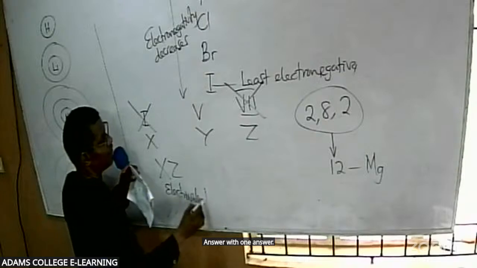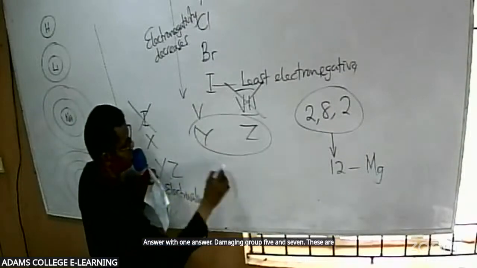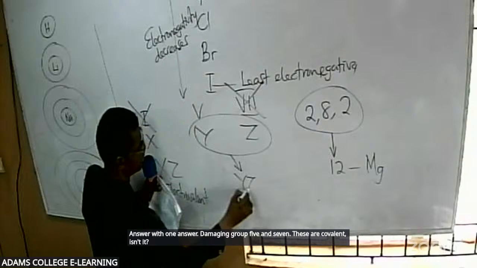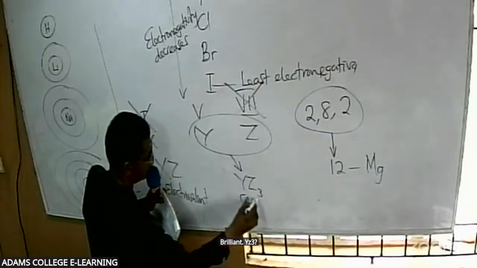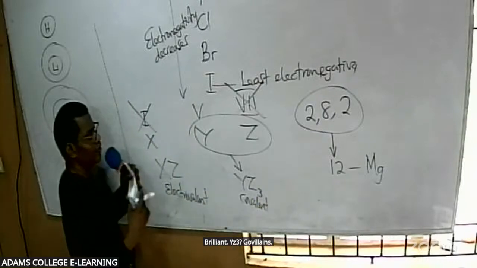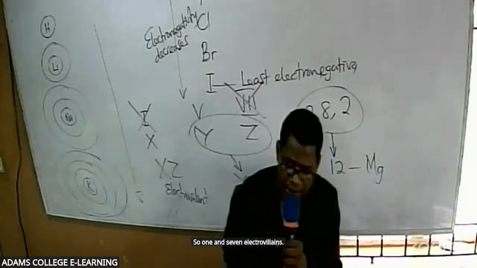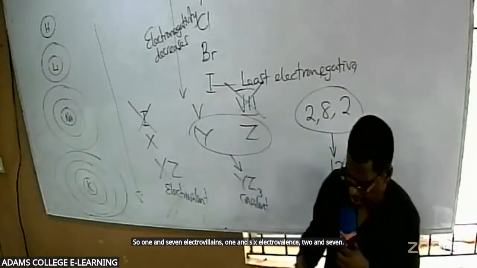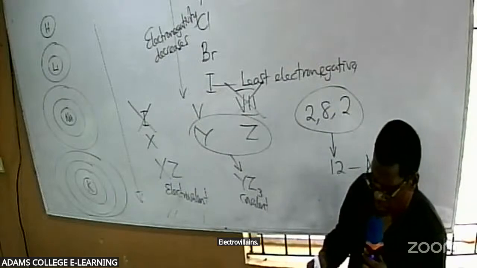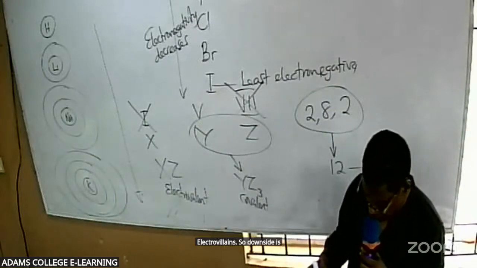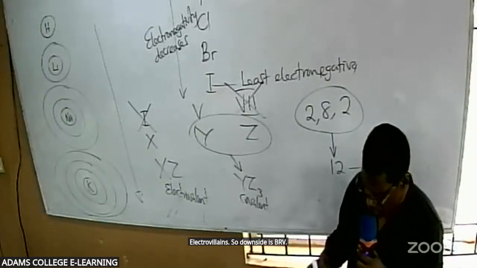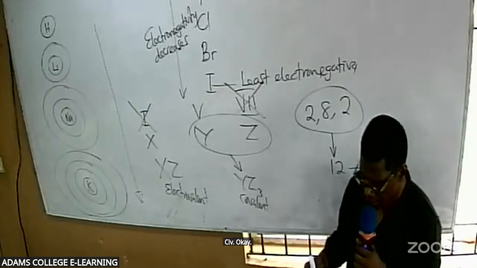Then between group 5 and 7, this one is covalent, isn't it? Covalent, YZ3. So 1 and 7, electrovalent. 1 and 6, electrovalent. 2 and 7, electrovalent. So the answer is C, electrovalent and covalent.